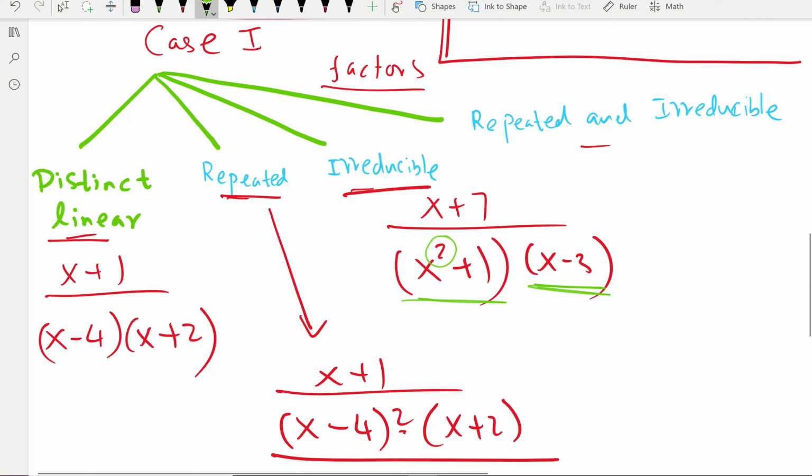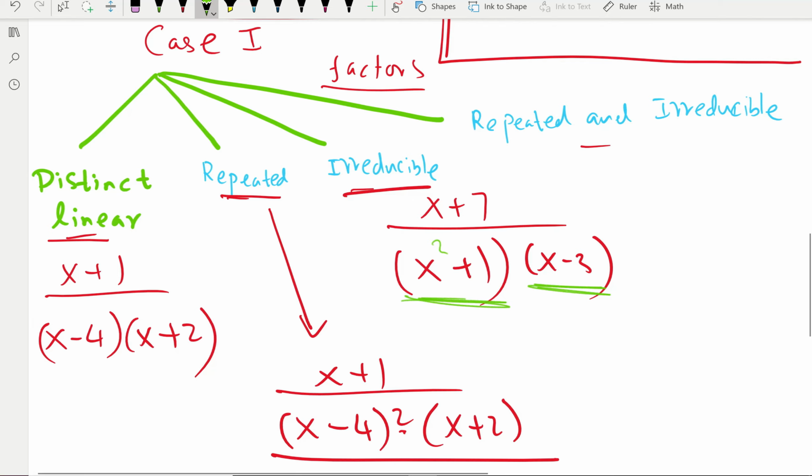But then here's the thing. I told you that you have to factor your denominator as much as possible. But can we factor x squared plus 1 further? Can we tear it apart further? No. Give it a try. You can't. You can factor x squared minus 1, but you can't factor x squared plus 1, if x is a real number, but that's a different discussion.